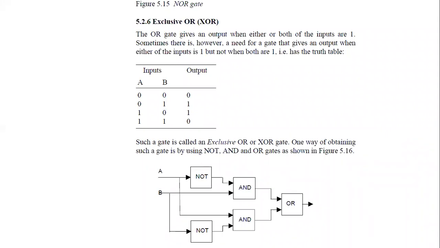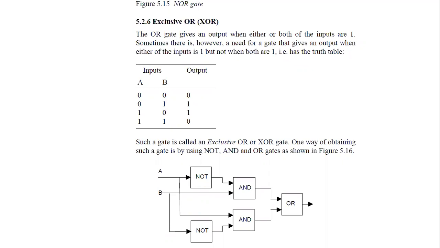We said that on is represented by 1. So when only one of the inputs is on, that is the only time we're going to have an output. That means if you have two inputs, like in the case of this table, that is the truth table that you can see on your screen.